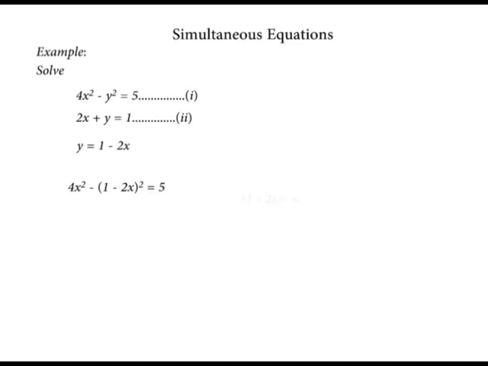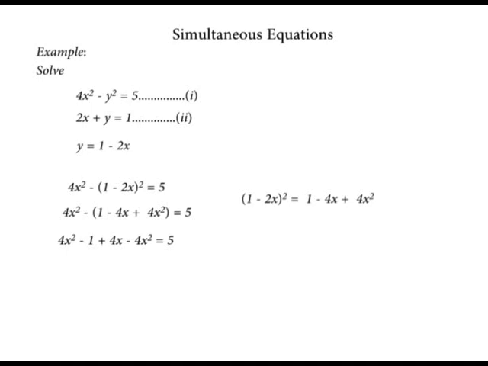If you expand 1 minus 2x squared, you will have 1 minus 4x plus 4x squared. Hope you know how to do that. So we shall have 4x squared minus 1 minus 4x plus 4x squared is equal to 5. We get 4x squared, if we open that bracket, minus times 1 is minus 1.